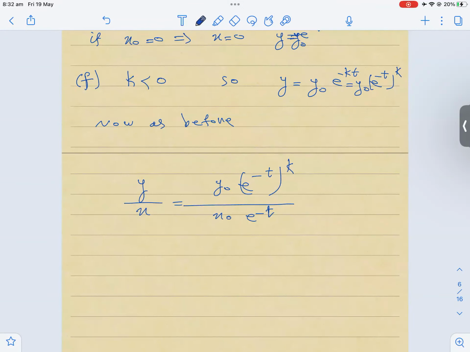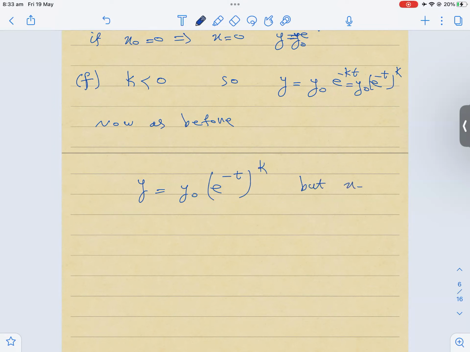So we see that from here, this will be y0 over x0, and let's write it in this way, actually. Rewriting, y0 e to the minus t to the power k. But x is equal to x0 e to the minus t.